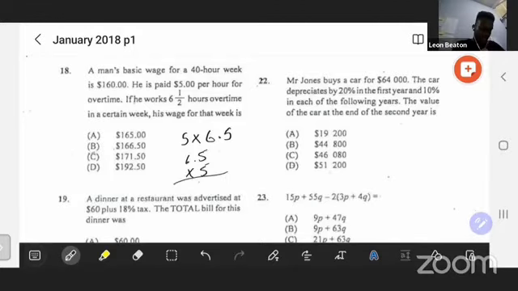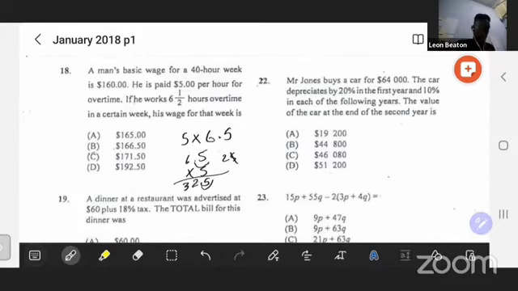That'll be 5 5s 25. There's 5 there. 5 times 6 is 30. 30 plus 2 is 32. And we moved the decimal point out 1 time, so we have to bring it back in 1 time. So he receives $32.50 in overtime money.